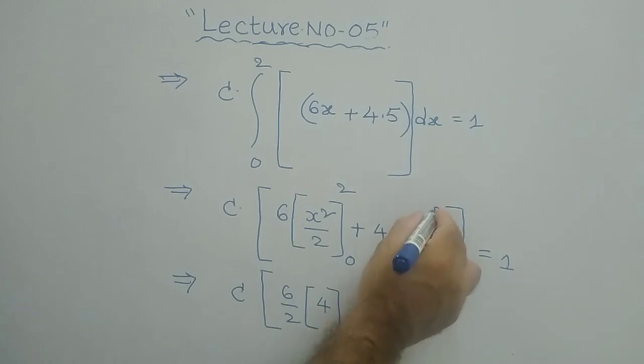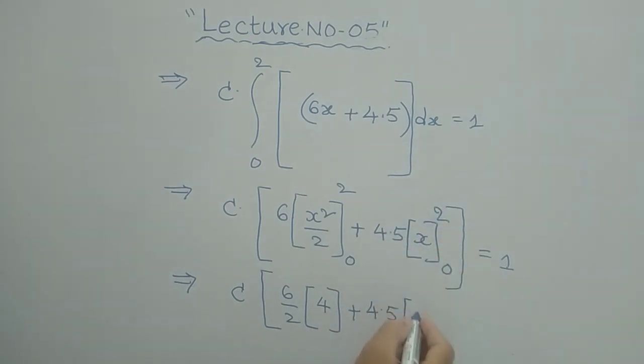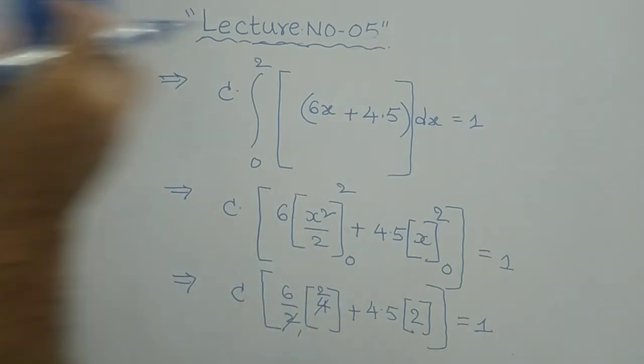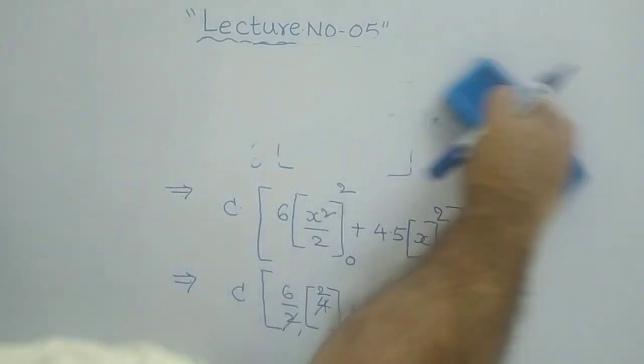In x place you substitute upper limit minus lower limit. If you substitute 2, it is 2 minus 0, therefore 2 only you will have here. This is equal to 1. Clear? And finally what you will get here? 2 1s are 2, 2 2s are 4, so 6 2s are 12, plus 4.5 2s are 9.